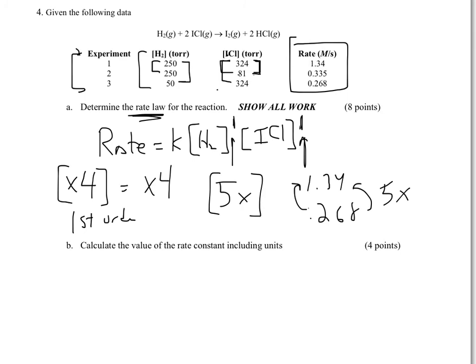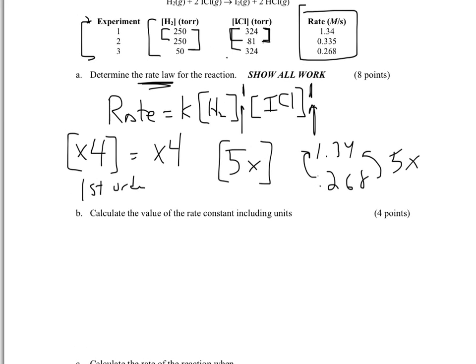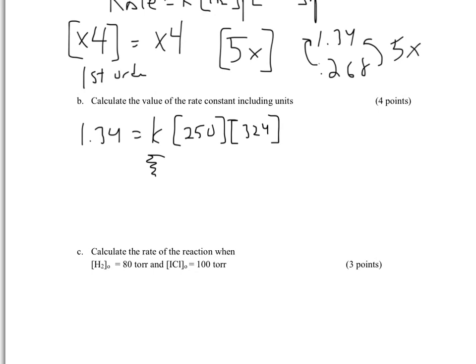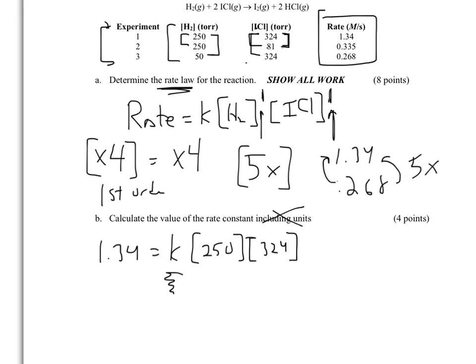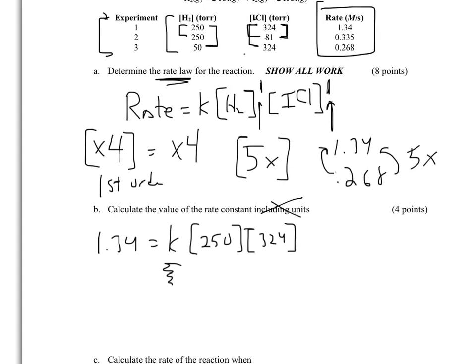It then asks you to calculate the rate constant for these data. So you just pick one experiment and say that 1.34 is equal to K times 250 times 324. Okay, and so the only thing you don't know there is K, so you can solve for K. I did not take off for units in this problem, as you can maybe see in your graded exams.